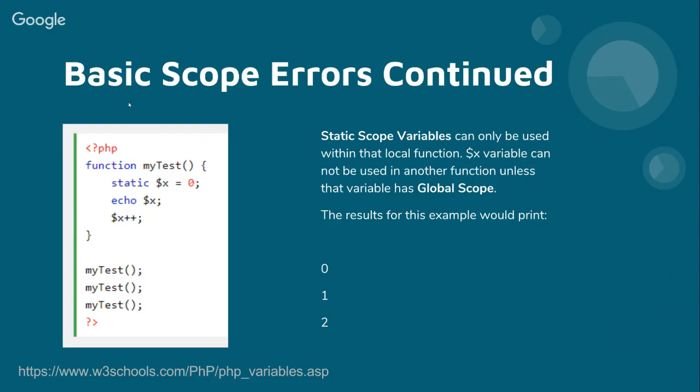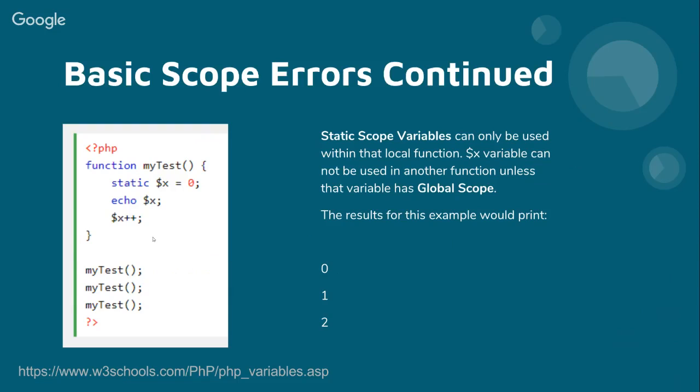When this PHP script gets executed, it's going to go from top to bottom all the way through. But every time it calls myTest, it's going to give us a stored value and then add x plus plus. So here we have a result of 0, 1, 2.